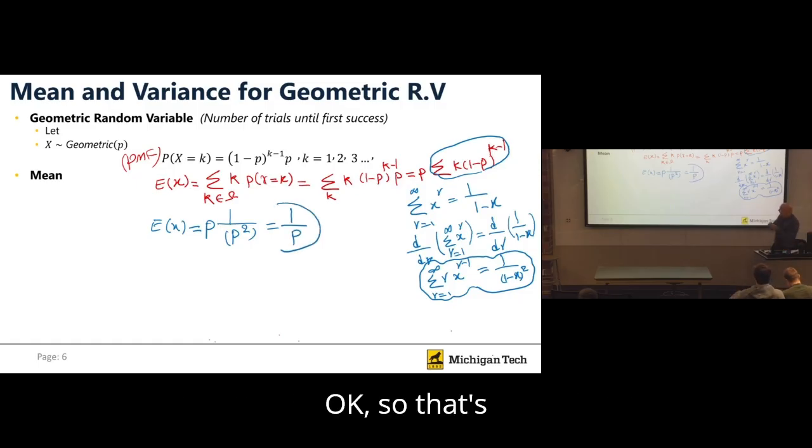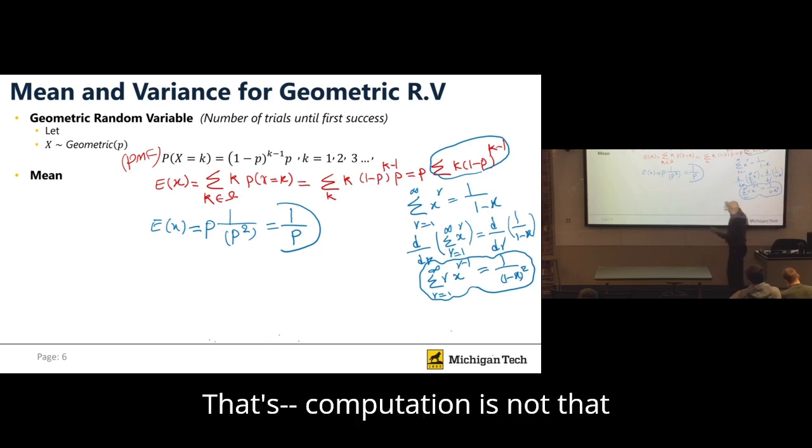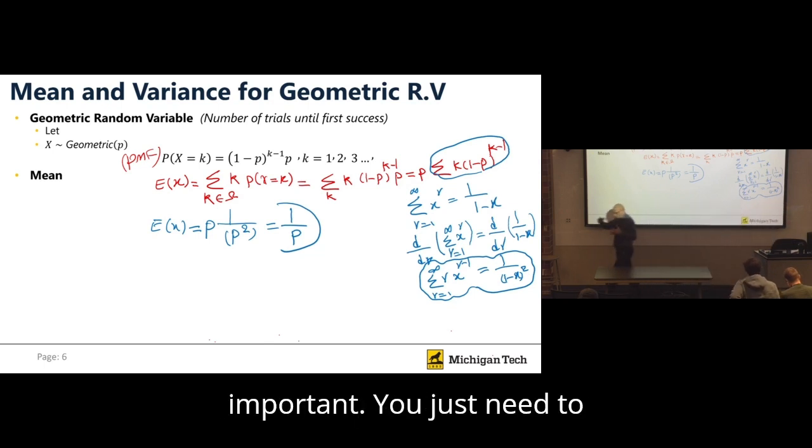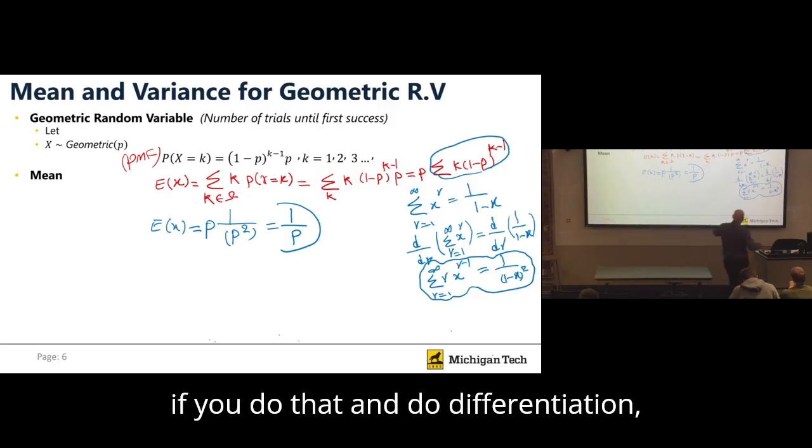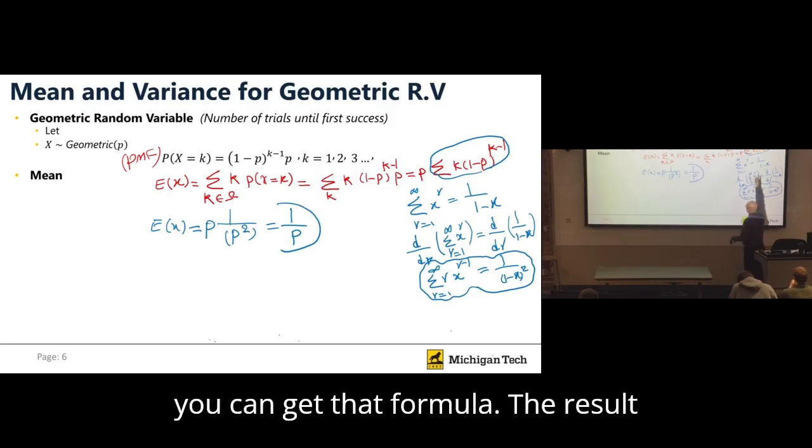Okay, the computation is not that important. You just need to use geometric series to find that. But if you do that and do differentiation, you can get that formula.